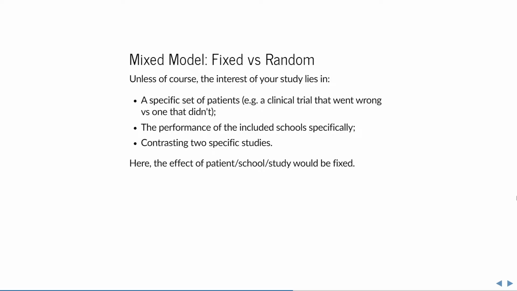Or let's say that you're contrasting two specific studies rather than performing a meta-analysis where you're not interested in any specific studies, you're interested in the overall effect. So in these cases, the effect of patient, school, or study would be fixed because you're interested specifically in the observations that you have now.